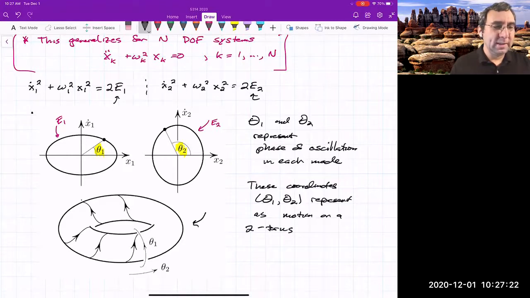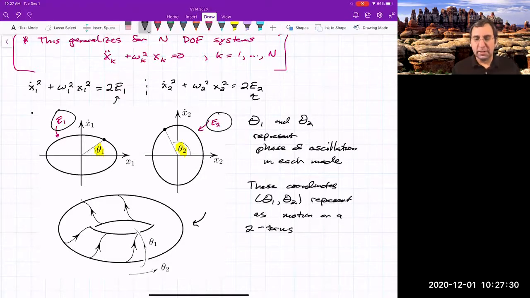All right. But this is just for some particular choice of E1 and E2. For different choices of E1 and E2, we'll get a different torus. So this is for one choice of energies, the energy pair E1 and E2.